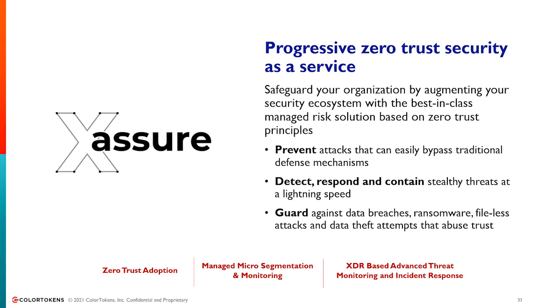We can have X-Assure to deliver zero trust as a service to different customers. So it will enhance zero trust adoption, and managing microsegmentation and monitoring will be done through X-Assure as well.